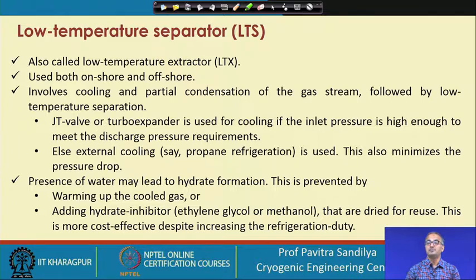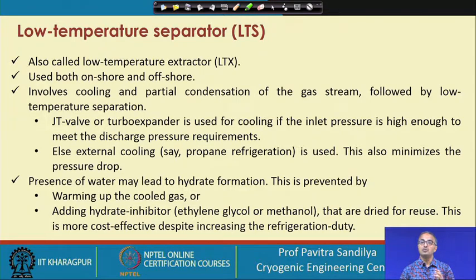Now, if we do not have at the inlet very high pressure, and at the outlet in the main pipeline the pressure is also quite high, so we do not have enough delta P, pressure difference, then addition of a turbo expander or a jetty valve may not be recommended, because then we will need to boost up the inlet gas.